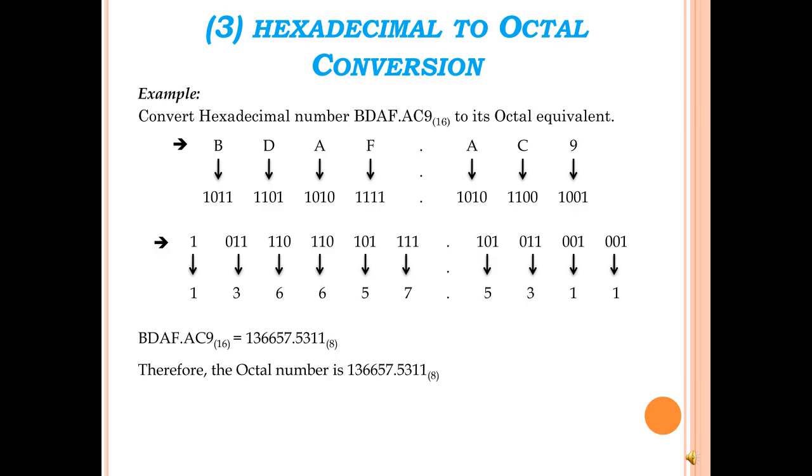After the dot, the number 101 denotes number 5, 011 denotes number 3, 001 denotes number 1, and 001 denotes number 1. So the final answer comes as 136657.5311 base 8.